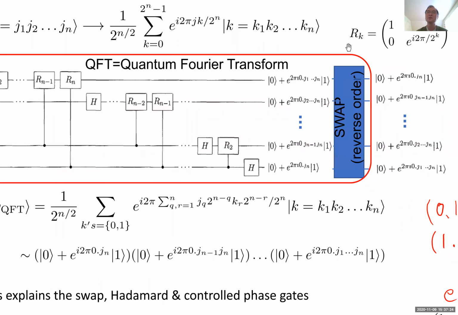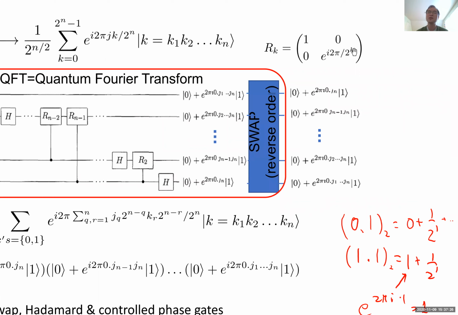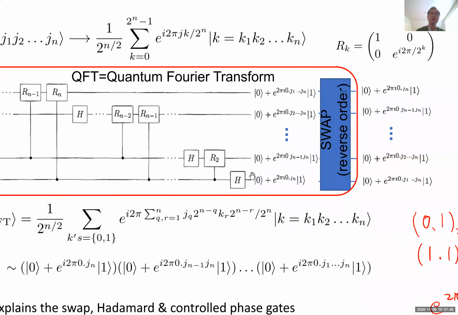R2 is a matrix like this. It only has non-trivial action if the state is 1. So R2 is e to the 2 pi i divided by 2 to the k. So 2 means shifting 2 digits to the right, right? So it's here. And now you see the structure.